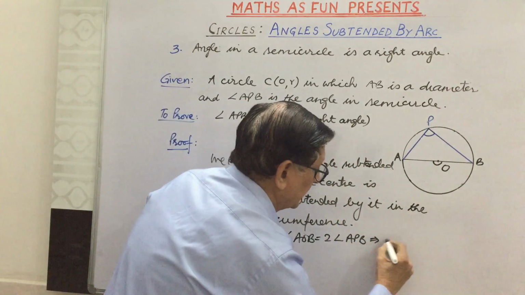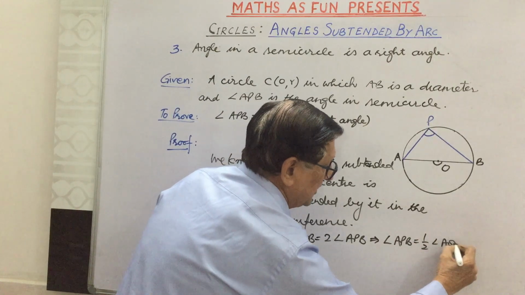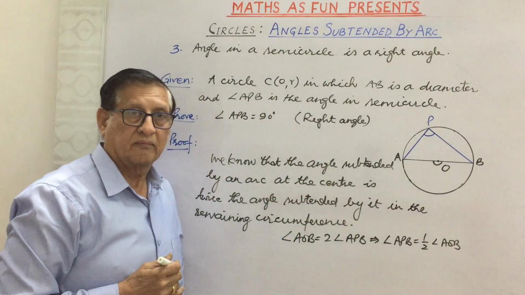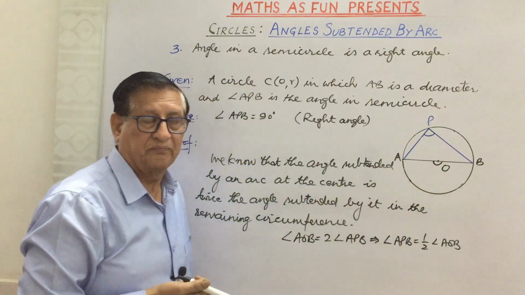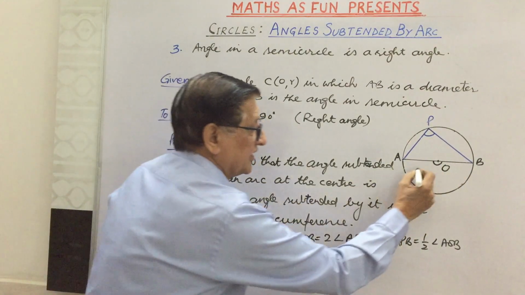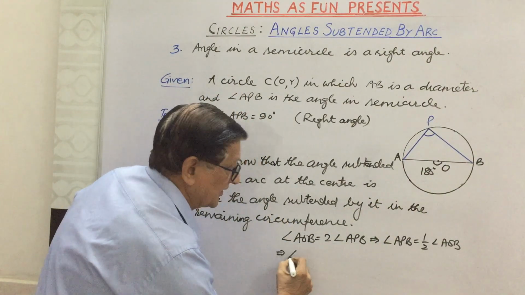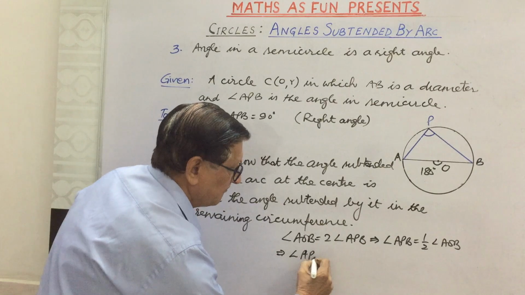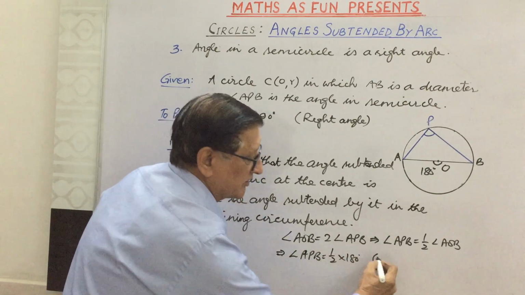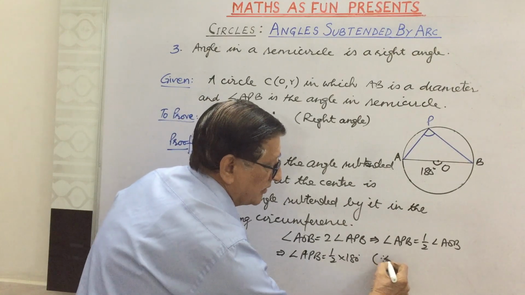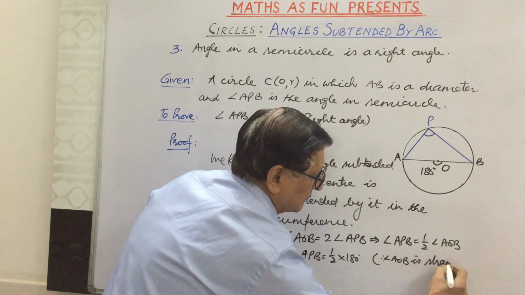This implies that angle APB is half of angle AOB. And we know that angle AOB is a straight angle, that is 180 degrees. So we can write this implies that angle APB is equal to half of 180 degrees, since angle AOB is a straight angle.